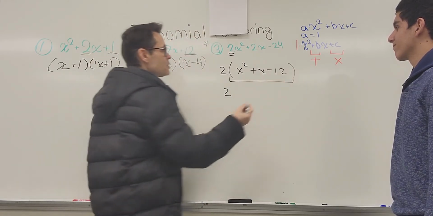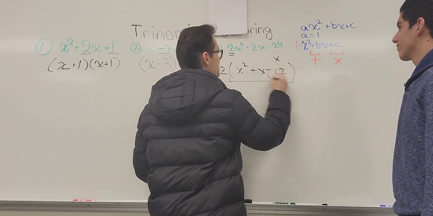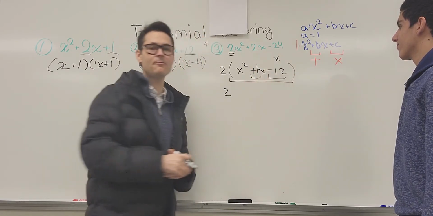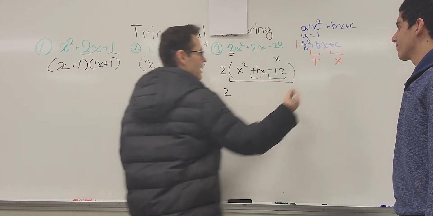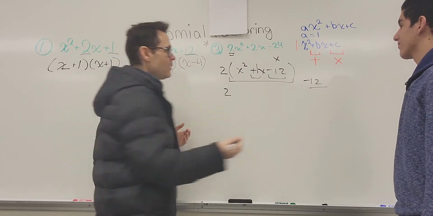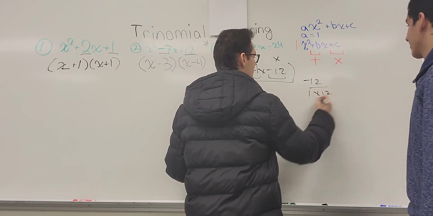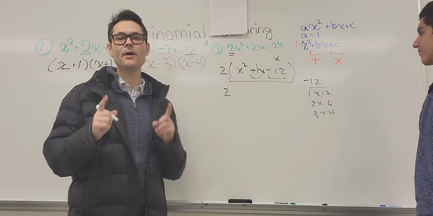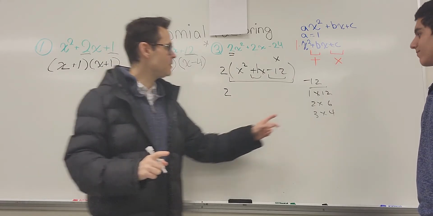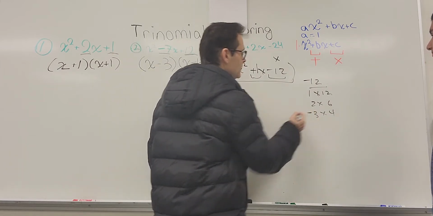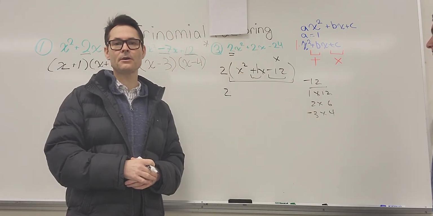You're just asking for two numbers that times to give negative 12, at the same time adds to give positive 1. Now, when I was younger, I used to have to write them out because I couldn't remember. So I would go 1 times 12, 2 times 6, and 3 times 4. And I know that one of those numbers has to be negative because it times to give a negative number. In this case, it looks probably like 4 and negative 3 are going to work.